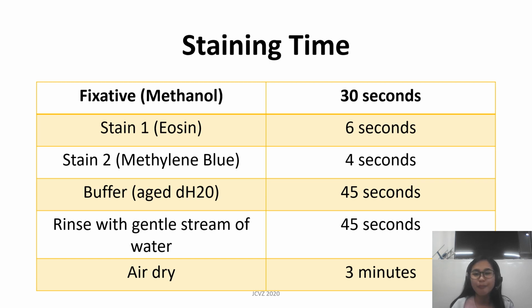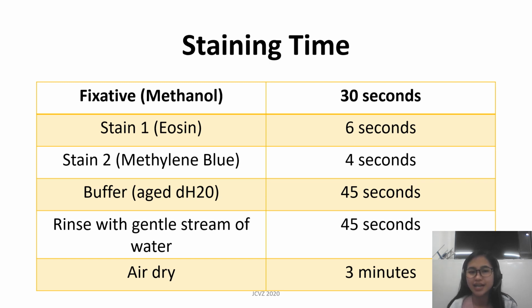For quick dip, you have to dip the slide 30 times because that signifies that you have achieved a 30-second staining time for methanol. And then for eosin, which is stain 1, 6 seconds. Methylene blue, 4 seconds. Buffer, our buffer is distilled water, that's 45 seconds.